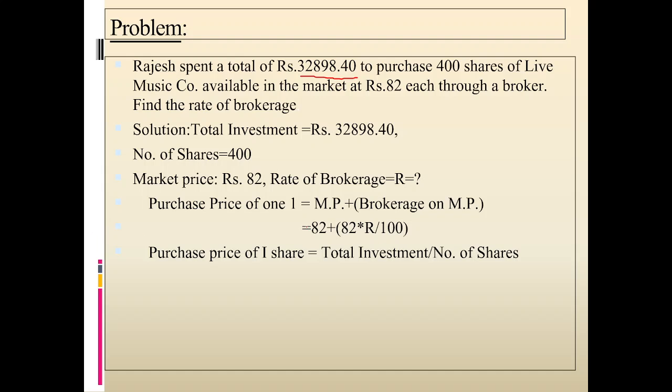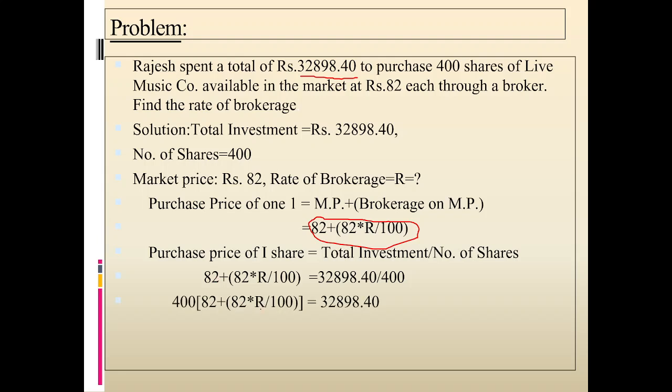Using this, we get 82 plus 82 into R upon 100 is equal to total investment divided by number of shares, which is equal to 400. From this we get R is equal to 0.3%.